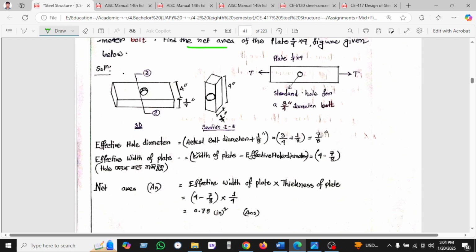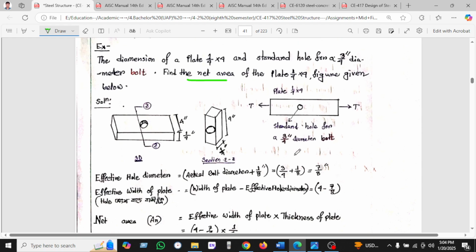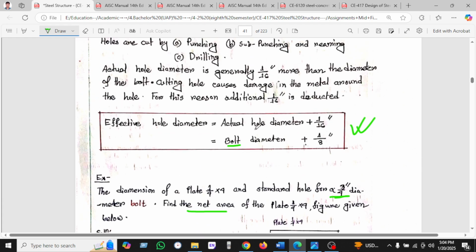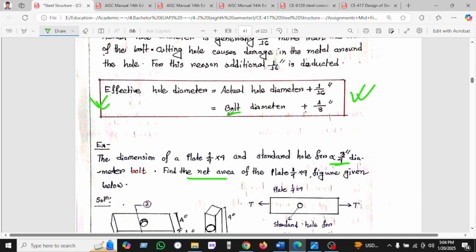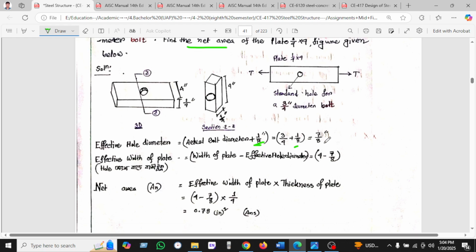For the effective hole diameter, we know the actual bolt diameter, and plus 1/8. So the actual bolt diameter is 3/4 plus 1/8. How do we get this? We see the question gives 3/4, and 1/8 is added. It comes from this formula. 1/8 is added to the bolt diameter, and finally we found 7/8 inches.